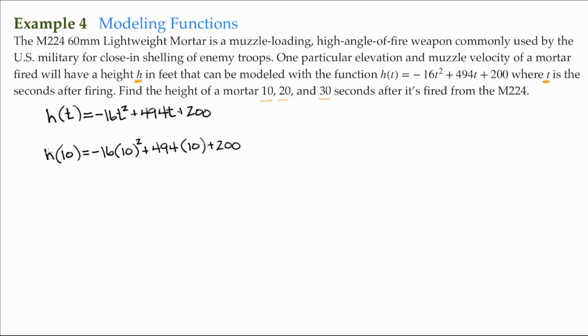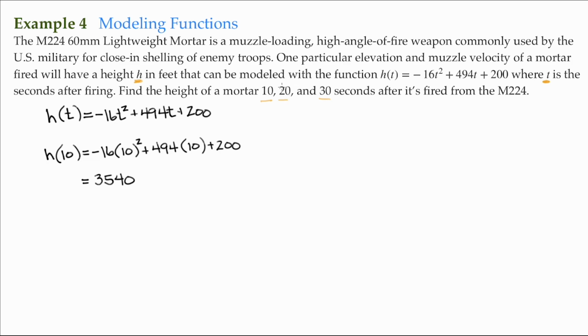So what is the height after 10 seconds? The height, and we go ahead and we just simply do the arithmetic here, negative 16 times 10 squared, plus 494 times 10, plus 200. That's 3,540 feet.